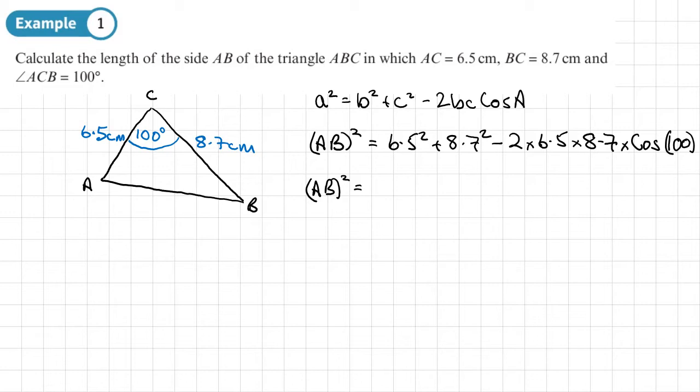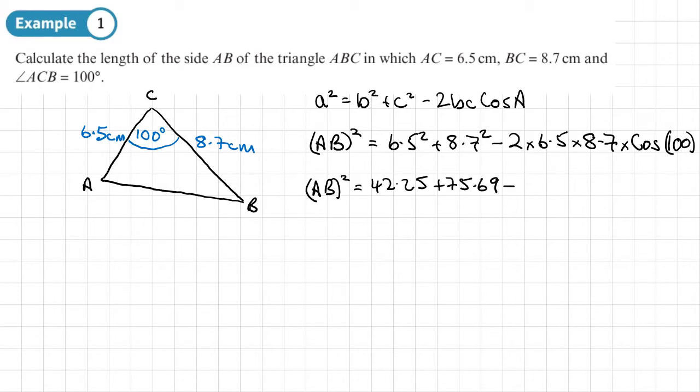So we'll work out the 6.5 squared, which is 42.25. Then we'll do the 8.7 squared, and that's 75.69.